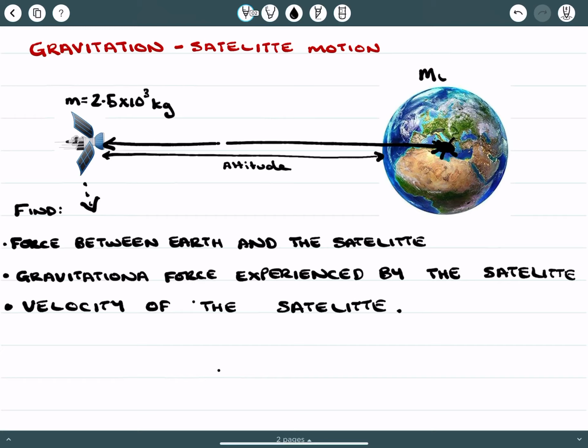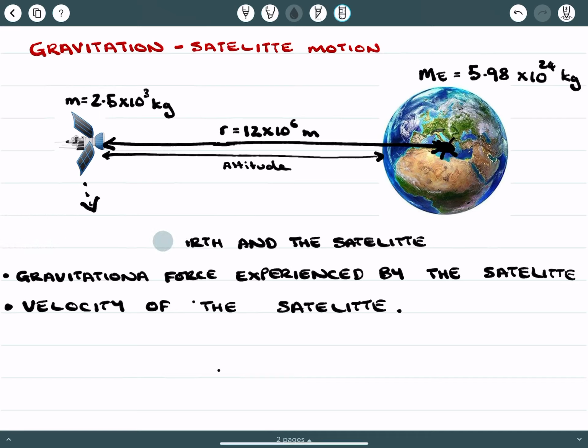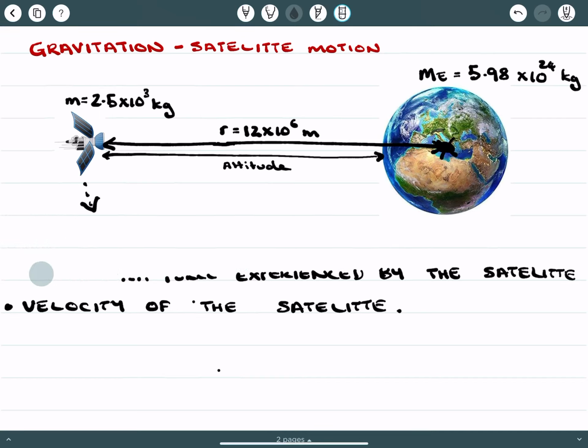And the mass of the Earth, we're going to say, is 5.98 times 10 to the 24 kilograms. Okay, that's a set thing. And we're going to say that we're going to set this satellite at an initial radius of 12 times 10 to the 6 meters. So that's about 12,000 kilometers above the Earth. Very high.